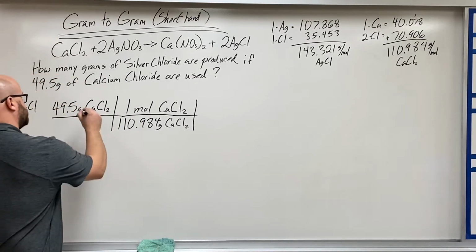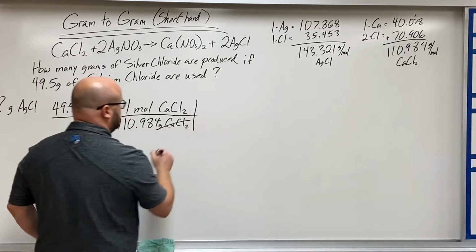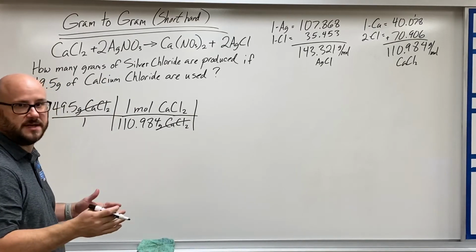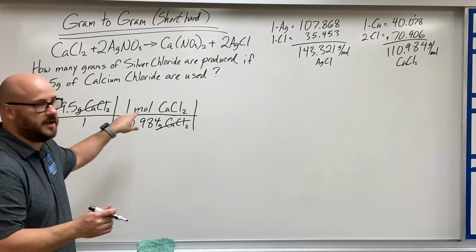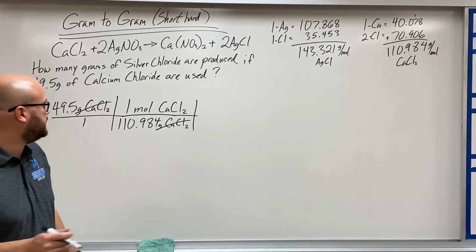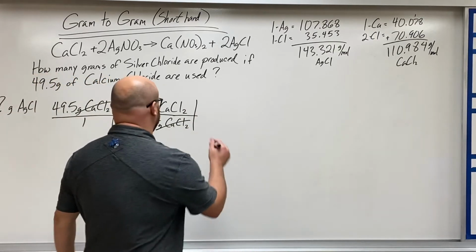Cancel your grams, and then this is where the extension comes in, or the shorthand. We're just going to keep going with this railroad instead of stopping at each point and making a new calculation. So, extend the railroad out.